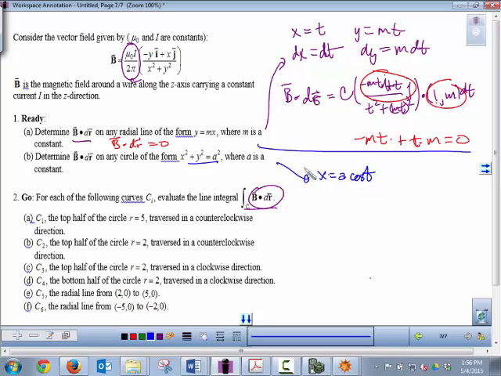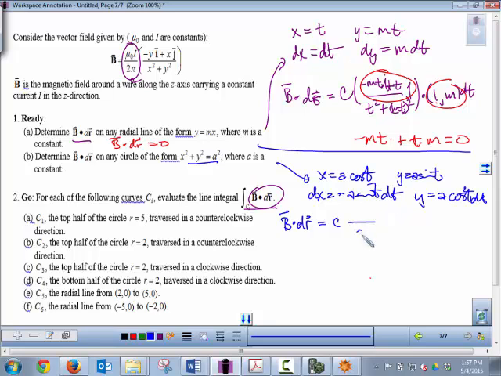So cosine t and sine t. So the derivative is minus a sine t dt, and y is going to be a cosine t dt. And then when we put that into the B dot dr equation, we're going to have that constant again.